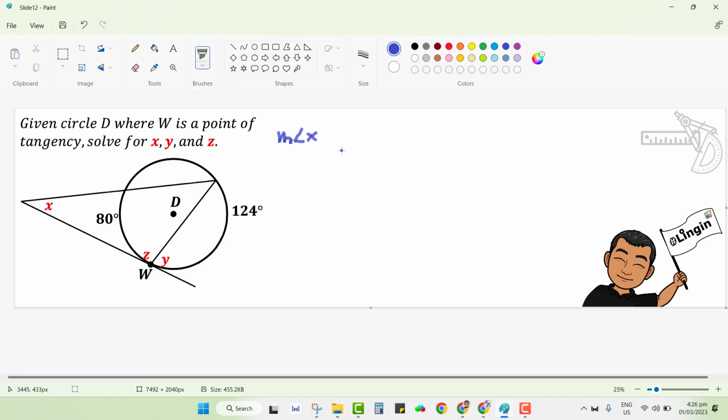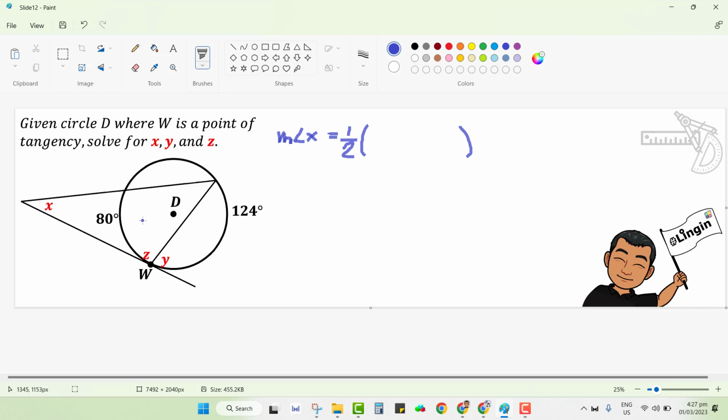Angle X again is an angle that is formed by this secant segment and this tangent segment. It has a unique perspective on its measurement. An angle formed by a secant segment and a tangent segment outside the circle has a measurement equal to 1/2 the positive difference of the intercepted arcs of the given angle.